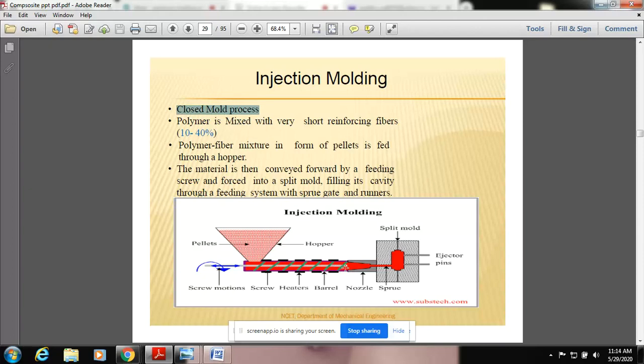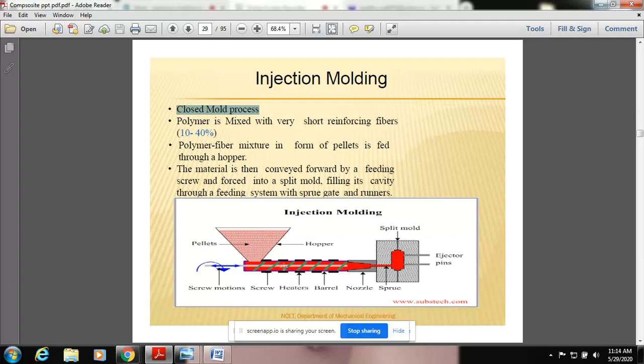The screw pushes and pressurizes the resin with fiber into the mold cavity. That is the function of the screw here. There are two motions: one is horizontal, the other is rotation. Rotation gives the pressure and makes the resin travel, whereas with the horizontal motion we can adjust the screw to any position.